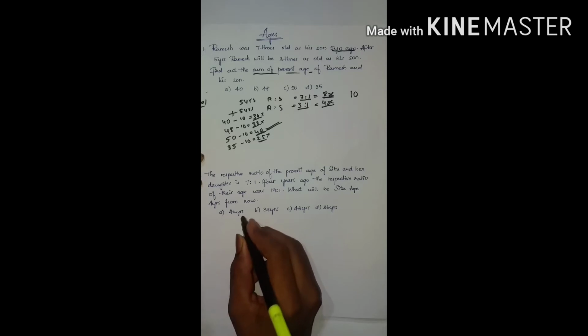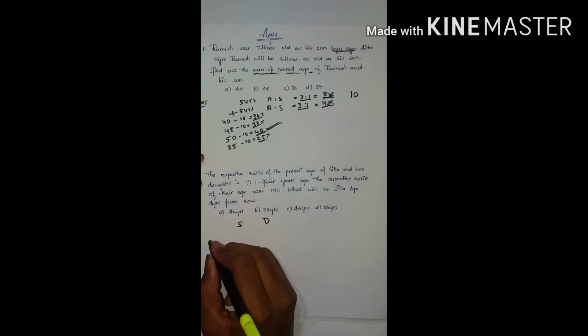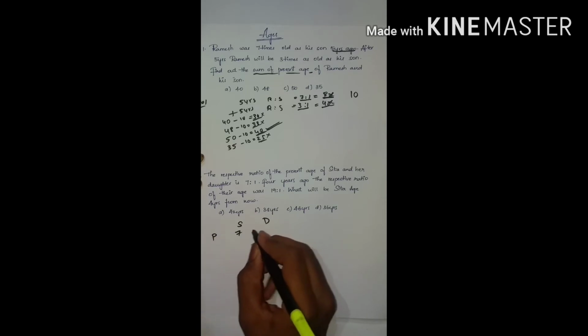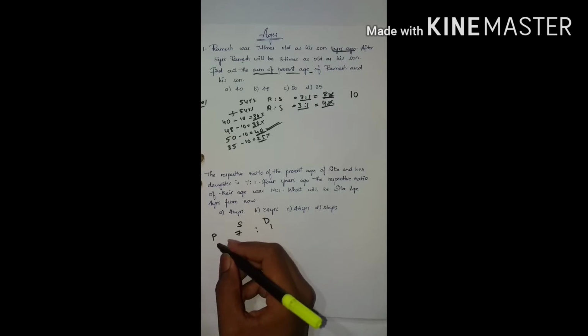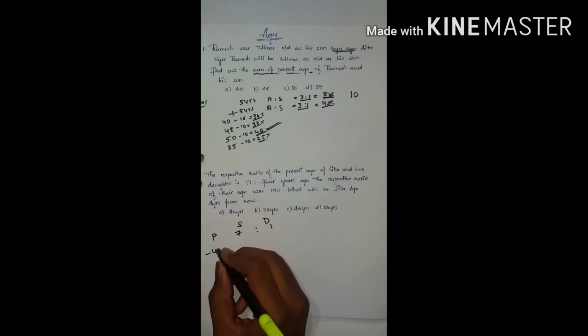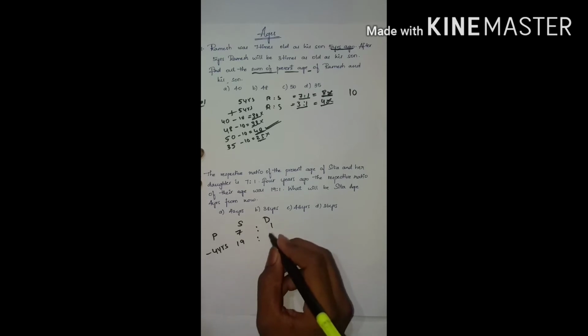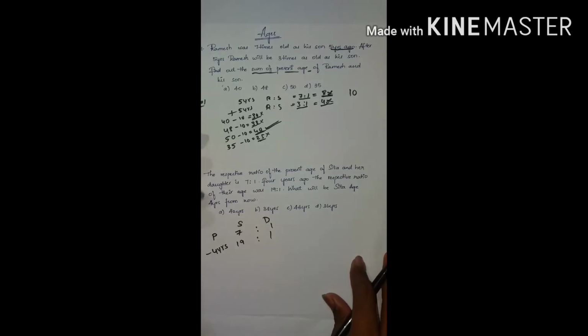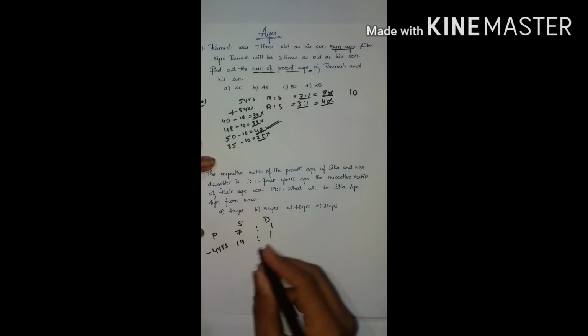That means consider Sita as S and her daughter as D. That means presently they are in the ratio of 7 is to 1, and 4 years ago, that means minus 4 years, they are in the ratio of 19 is to 1. So what will be Sita's age 4 years from now? So they are asking the age 4 years from now, not the present age.